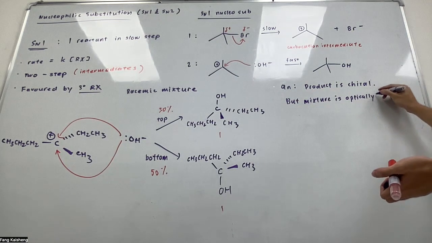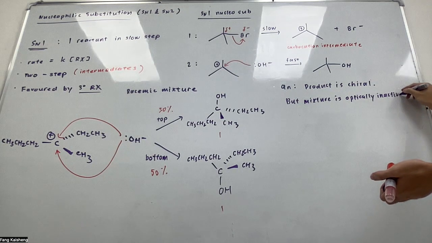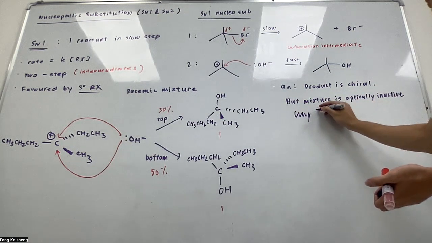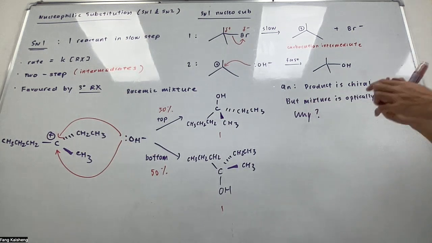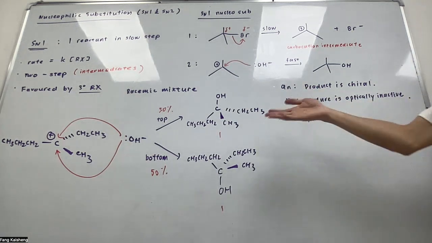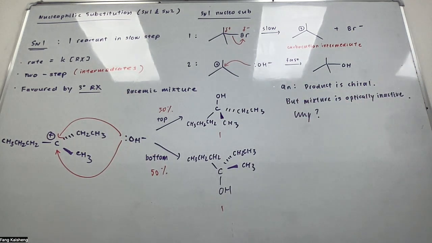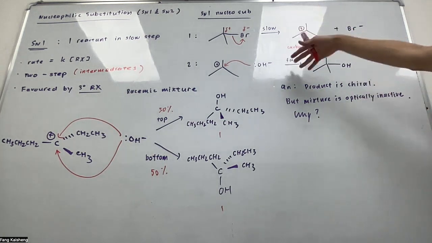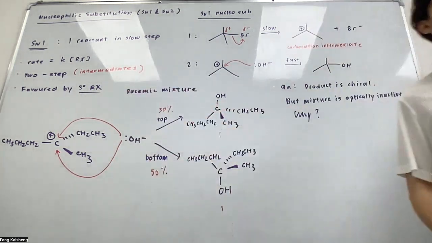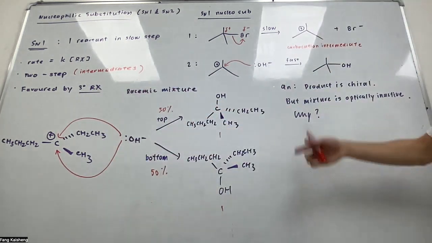Why? Chiral can rotate, right? Then why is it optically inactive? Why does it contradict? It's referring to this scenario. It's because you form a racemic mixture.